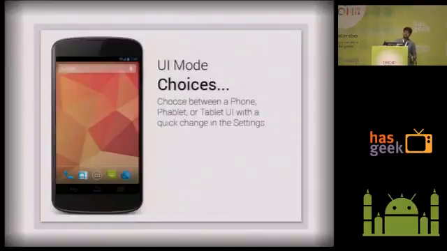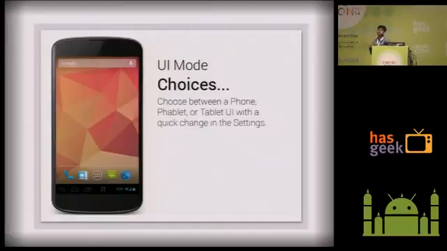This is something interesting. You can modify the total UI. In ICS there was a tablet mode where your status bar and your navigation bar come to the same place. So maybe you can enable that on a phone so that people have more screen estate. These are quite a lot of changes that you can do.